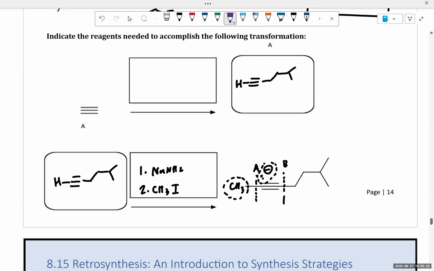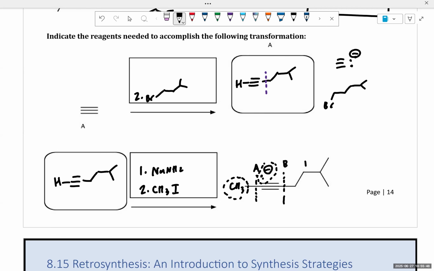So just like before, I'm going to break this bond. This gets us back to an acetylide ion that looks like this, and an alkyl halide that looks like this. So I can use this alkyl halide. It's close to being problematic, but it's still primary, so we're okay.